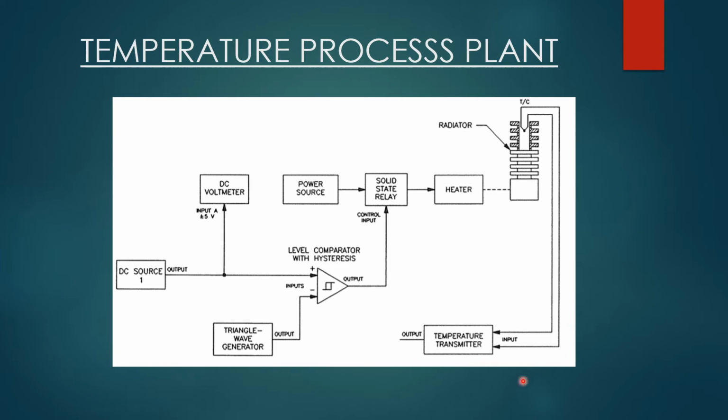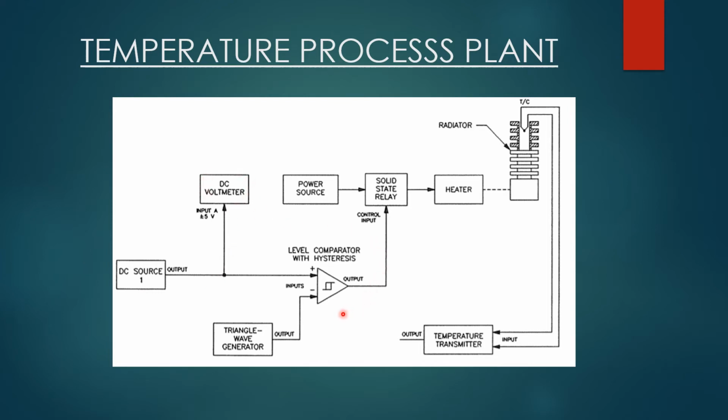The following is a schematic of the temperature process plant. To the far left-hand side of the schematic is the DC source whose output is connected to a comparator with hysteresis. This comparator is also connected to a triangle wave generator. You may also notice the DC source output is connected to a DC voltmeter.